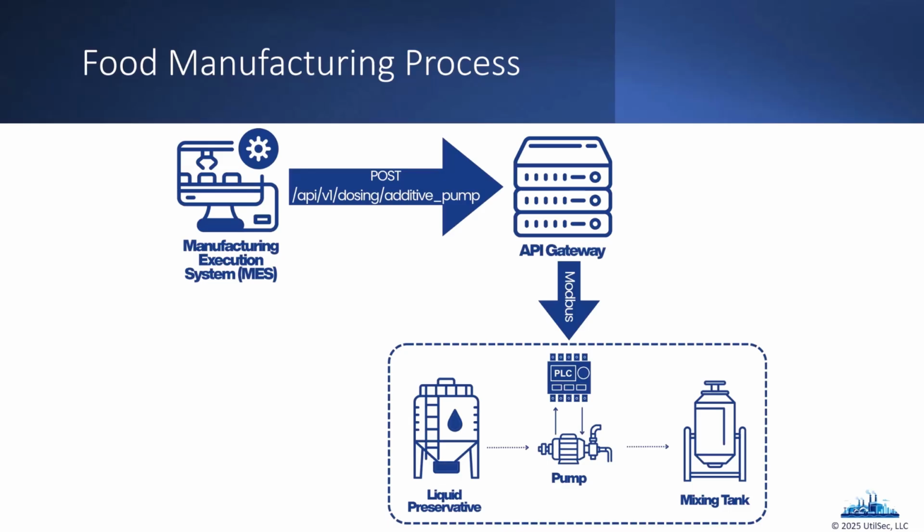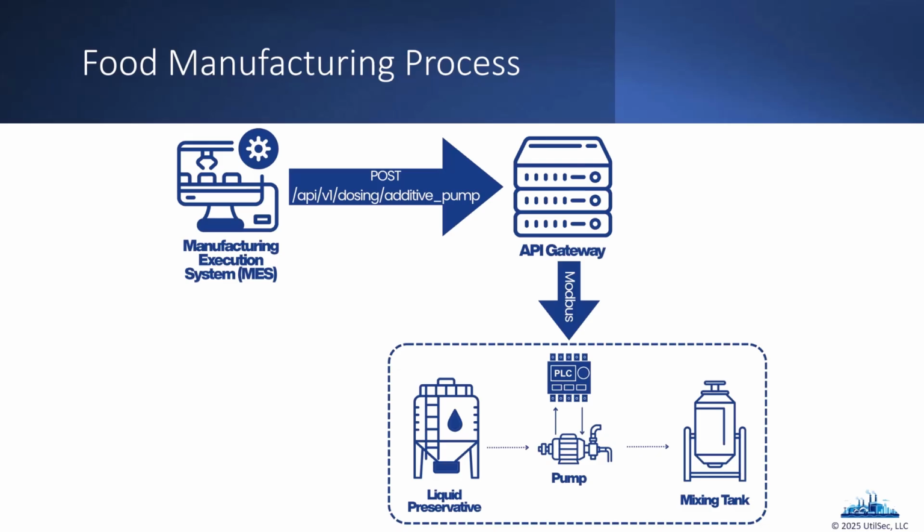This is the whole part of automating the process, including taking the order from the real world through IT or the business side, and then moving it through the MES into OT to kick off the process to manufacture the goods.